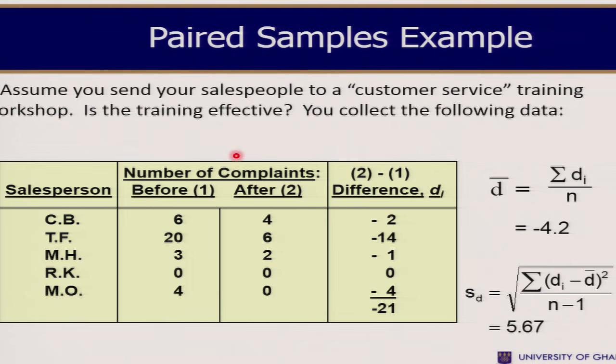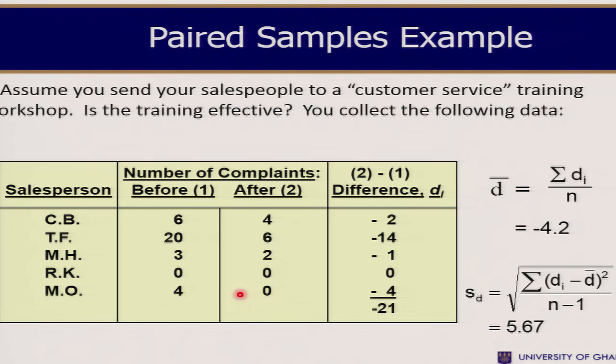After the training, we also record the number of complaints each person registered. CB now recorded 4, TF recorded 6, MH recorded 2, RK still had no complaints, and MO recorded no complaints. What we really want to find out is whether the training has been effective.